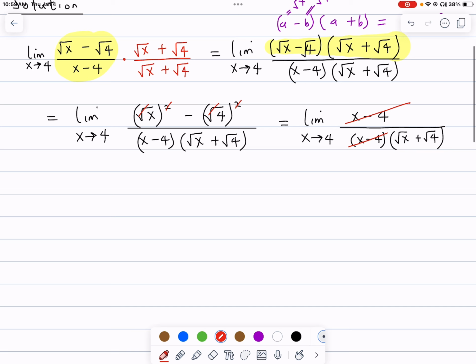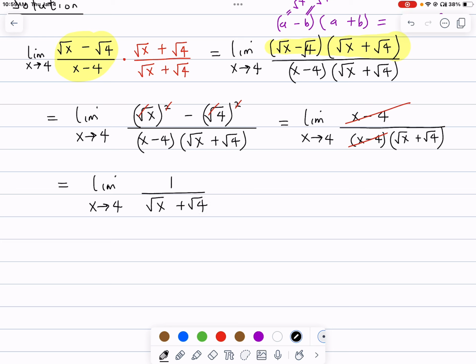So what I'll be left with is the limit as x approaches 4 of 1 over square root of x plus square root of 4.